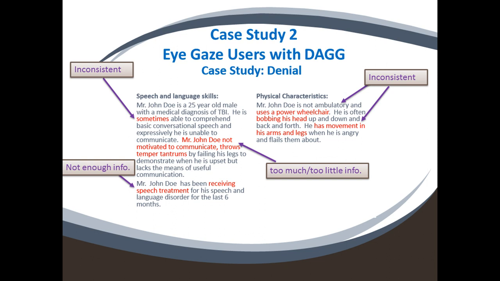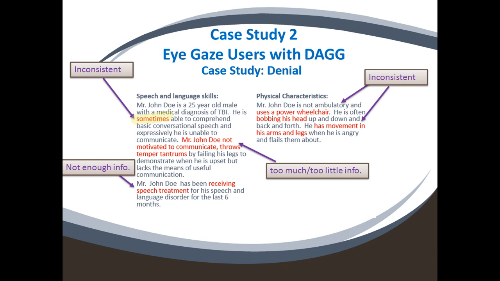Okay, so last time we used this particular case study when we were talking about our report writing. Mr. John Doe, 25 years old, male with a diagnosis of a traumatic brain injury. Last time we had this little write-up on him, very brief excerpts from the report, and we talked about it being inconsistent when you use words like sometimes.